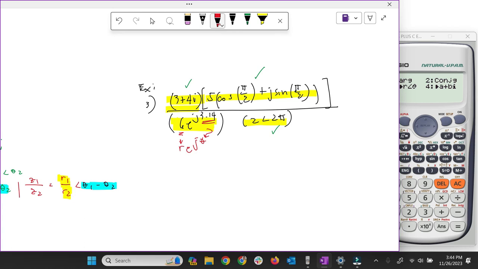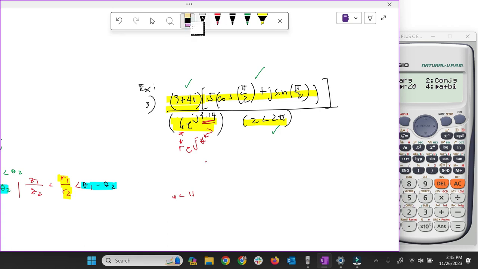So, with that, kung papalitan natin siya into its polar counterpart, this will be 6 angle 3.14. Or, di ba si 3.14 is equal to pi, so pwede ko siyang palitan ng pi na lang para hindi ako sulat ng sulat sa ating calculator ng 3.14.